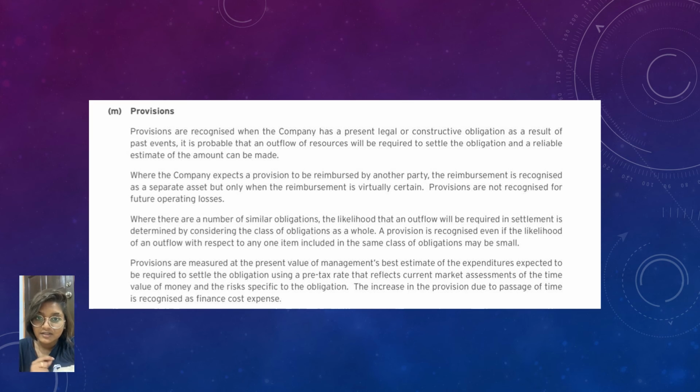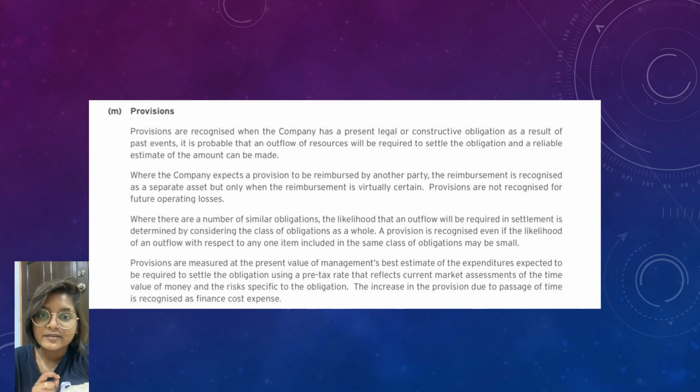Provisions are measured at the present value of management's best estimate of the expenditure expected to be required to settle the obligation, using a pre-tax rate that reflects current market assessments of the time value of money and the risk specific to the obligation. The increase in the provision due to passage of time is recognized as financial cost expenses.